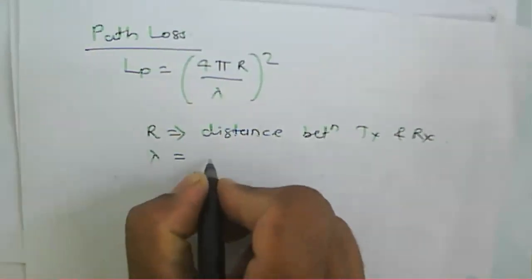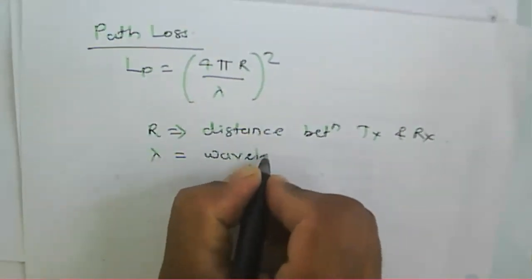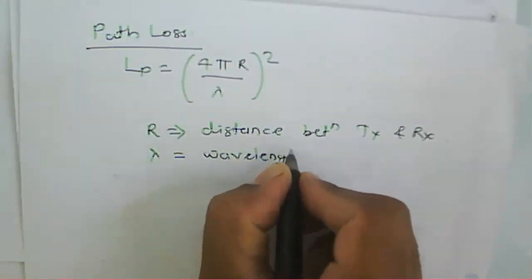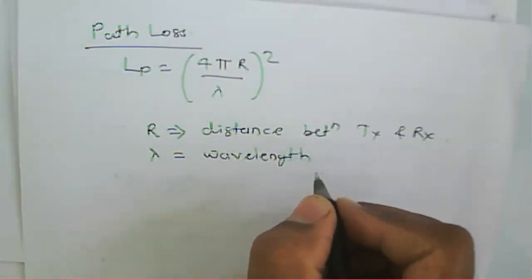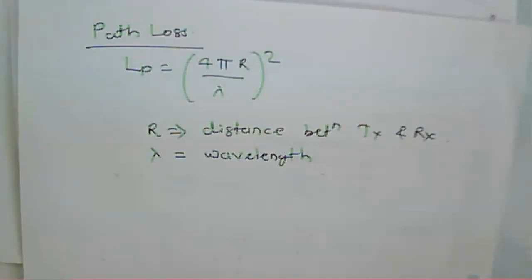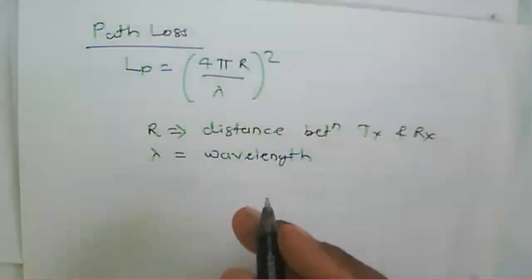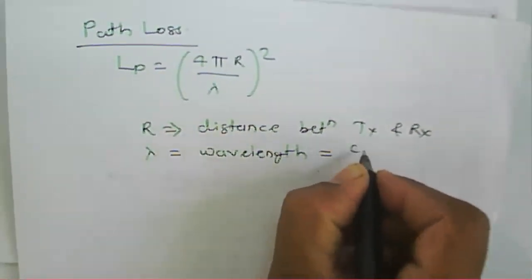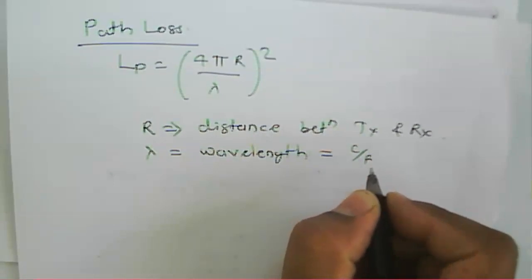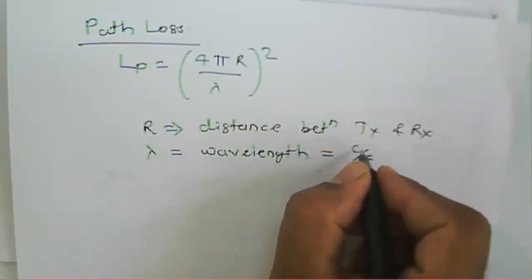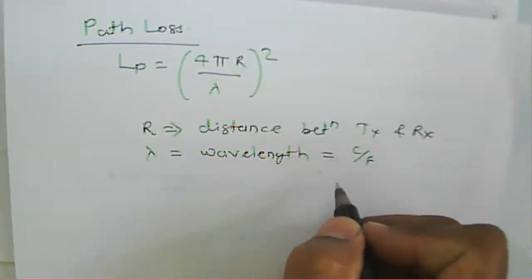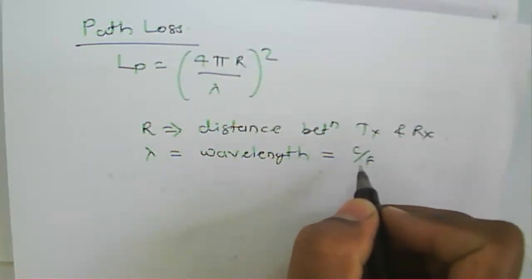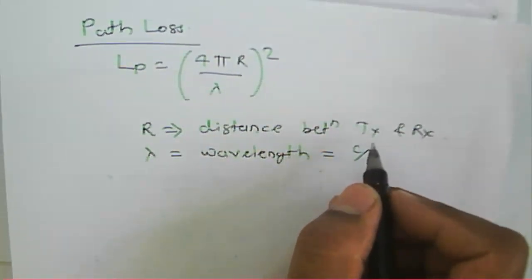And that lambda is nothing but the wavelength of the signal, and that will be transmitted by the earth station. So lambda is nothing but c by f, and that c is the velocity of light and f is the frequency of the signal that will be propagating from this earth station or transmitting section.